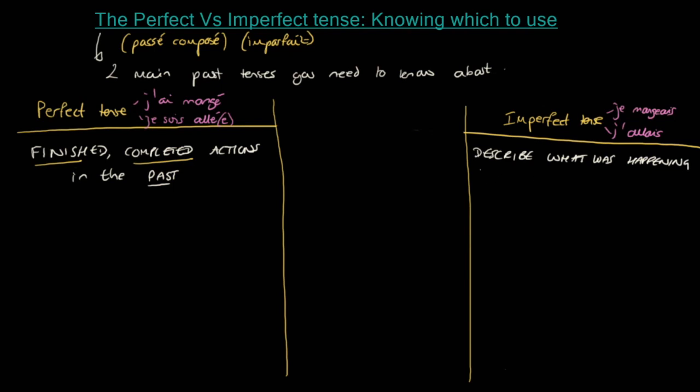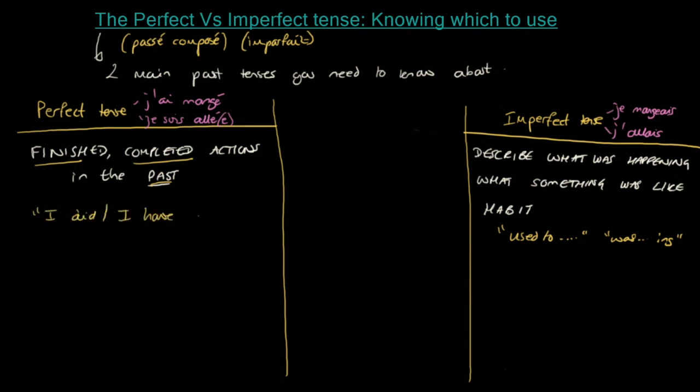It could also be used to say what something was like, or to talk about habits in the past, so things that you used to do. In English the imperfect is translated as used to or was doing something, whereas the perfect tense is the I did or I have done tense. So j'ai mangé, I ate or I have eaten, and je mangeais, I was eating or I used to eat.